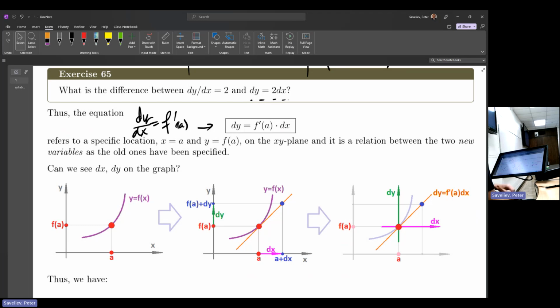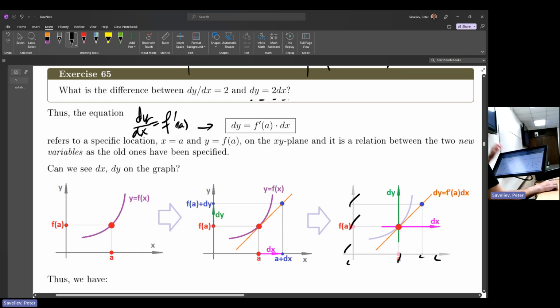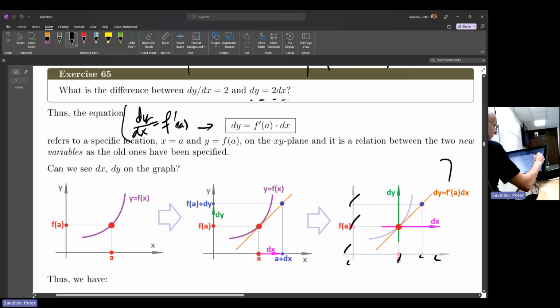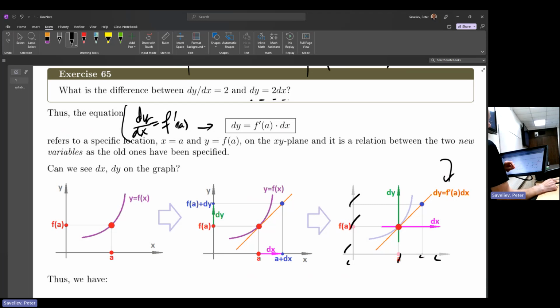But the interpretation that we are pursuing now is we erase everything. We erase this part and just concentrate on that point, which is how derivatives are treated anyway. You have one tangent line at a time, and then we rewrite our equation right here as the relation between the two variables. dy is that vertical variable, dx is the other horizontal variable.